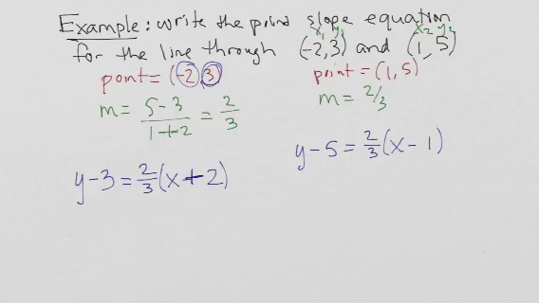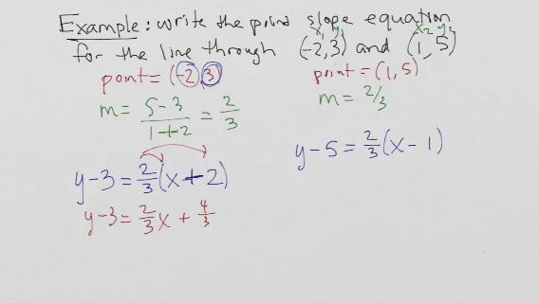All right, if I simplify them, which again, you do not have to do this today. You do not need to convert it into slope-intercept. But if I did that, if I multiplied out these parentheses, I'd get 2/3 x, and then 2/3 times 2 makes 4/3.